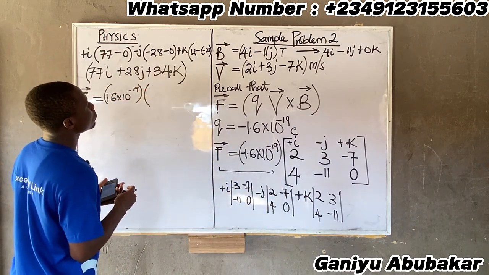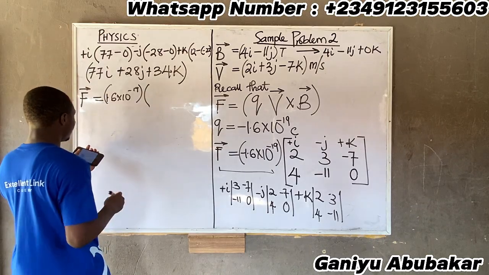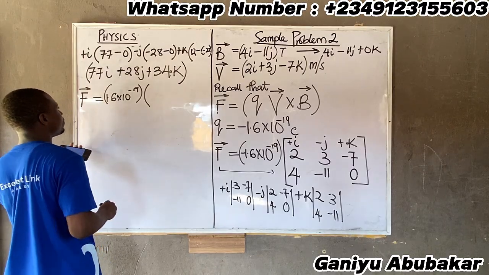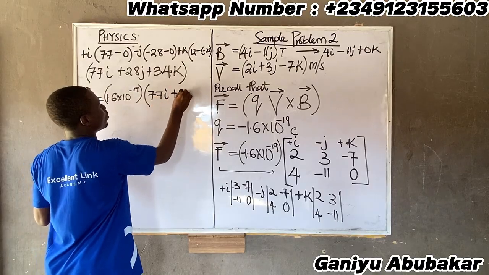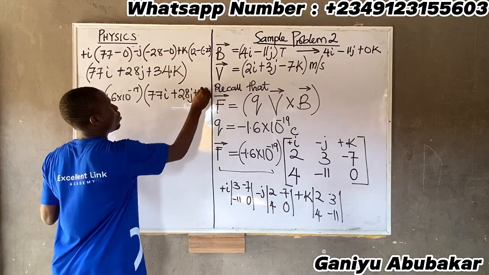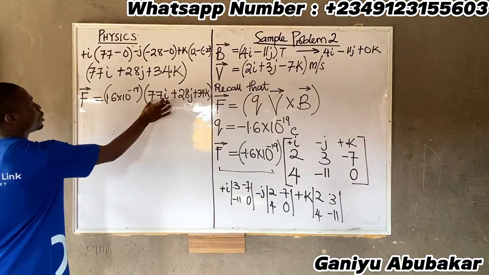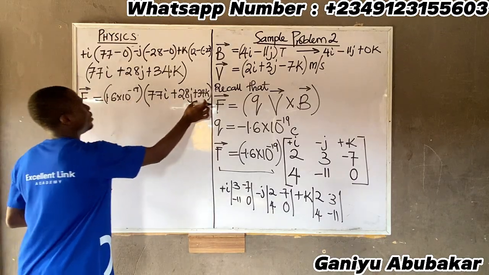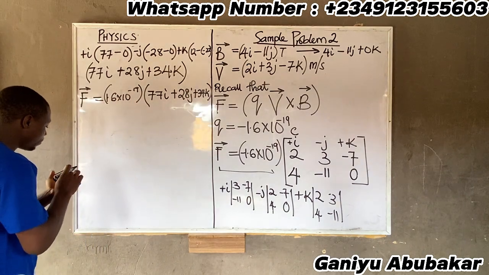So working on this, I'll have 77i plus 28j plus 34k. I'm going to pick out this, multiply it with this, pick out this, multiply it with this, pick out this, multiply it with this. That is my next task here, obviously.